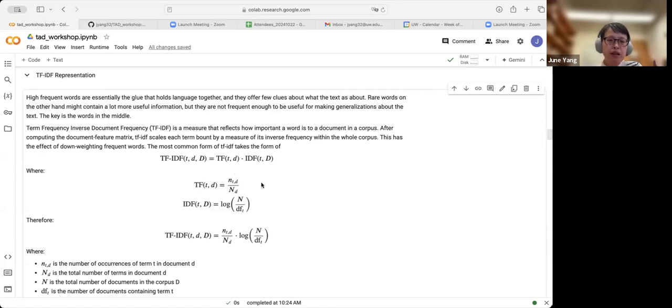By first calculating how many times a term appears in a document, but also calculating how many documents in the entire corpus contain this term, and having the total number of documents in this corpus divided by the number of documents containing this keyword term.